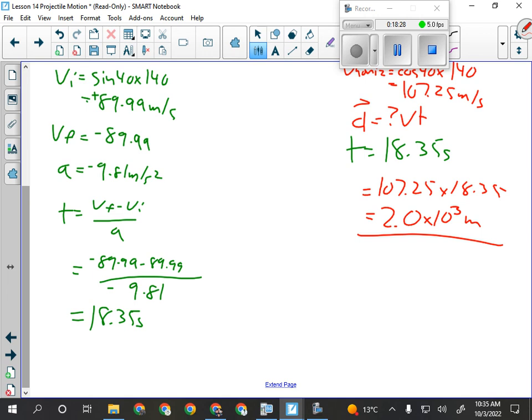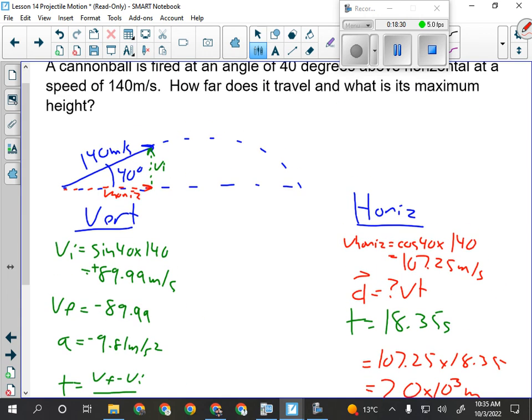The other thing it wanted me to calculate was the maximum height, the vertical displacement right here, where VF equals 0. Now I can calculate my vertical displacement using VF squared minus VI squared over 2A. Then I don't have to forget and look silly for not using the correct time.